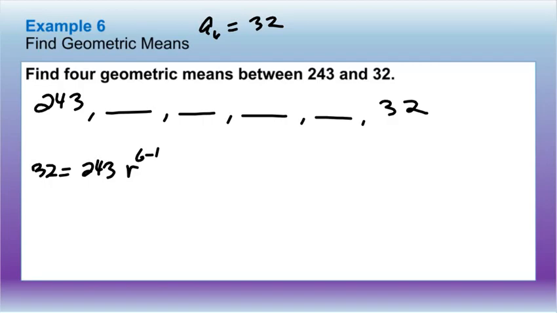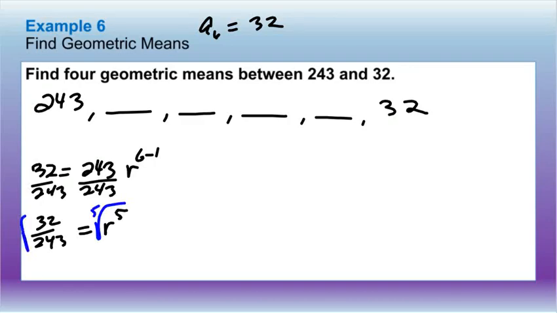And now I can simplify this, so I can divide by 243 on both sides. 32 divided by 243 gives us a larger decimal, which will give us 32 over 243. And this is going to equal r to the 5th. Now to undo r to the 5th, I'm going to find the 5th root of both sides.